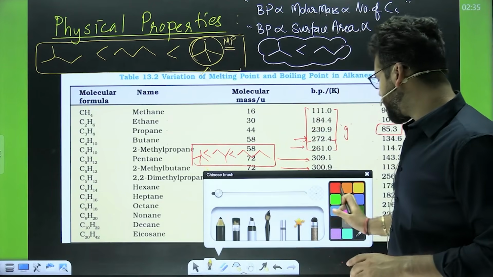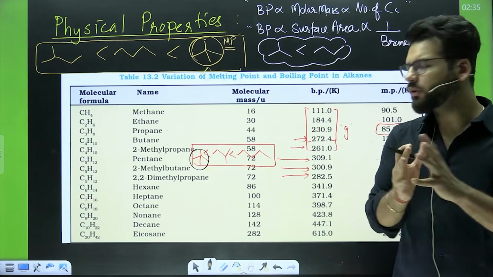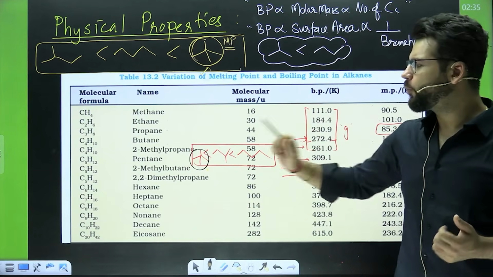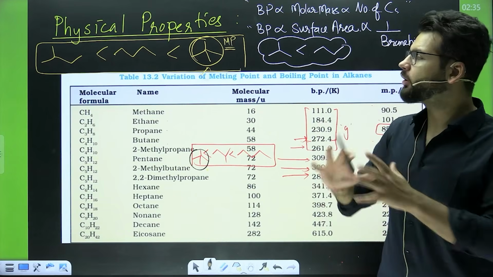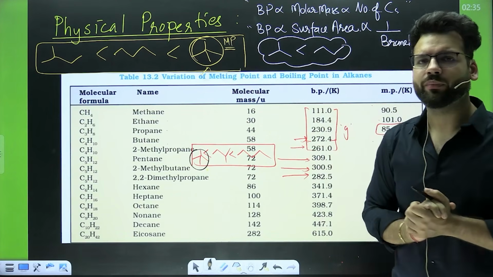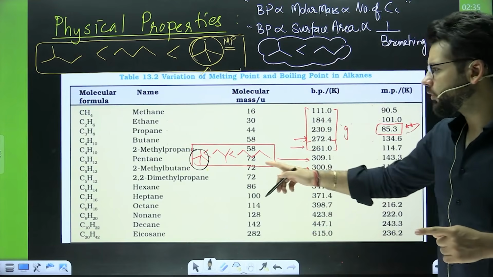They can ask a question, and NCERT mentions it has a spherical, sphere-like surface. It looks like a ball. Poor surface area, poor force of attraction, poor boiling point. But because of its symmetry, good packing is there. This is one order you should remember. You can see the values, all of you.